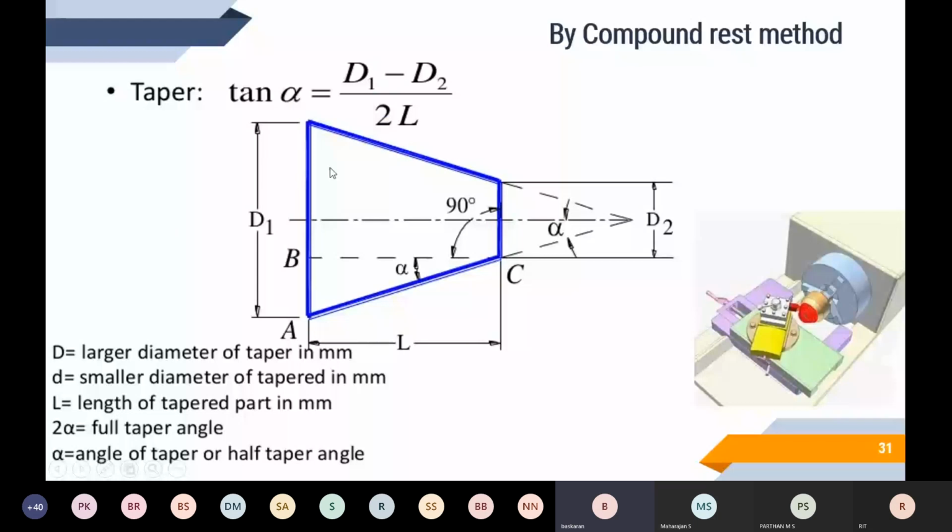D1 is the maximum diameter, D2 is the minimum diameter, L is the tapering length, and alpha is half of the taper angle. Based on the value we get, we turn the swivel base. The swivel base has graduations from 0 to 45 on both ends, so the maximum swivel is up to 45 degrees.